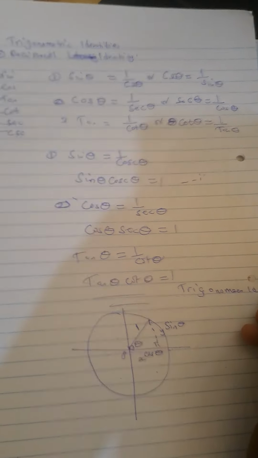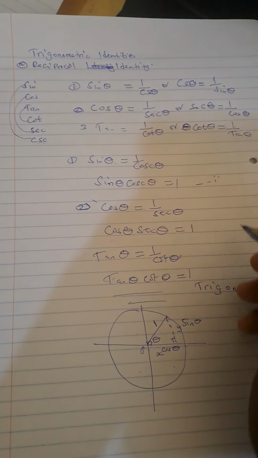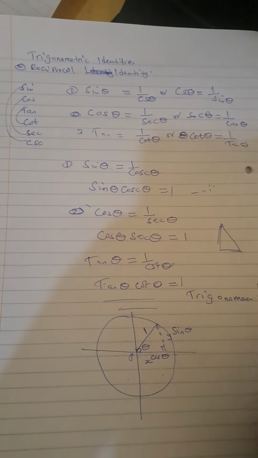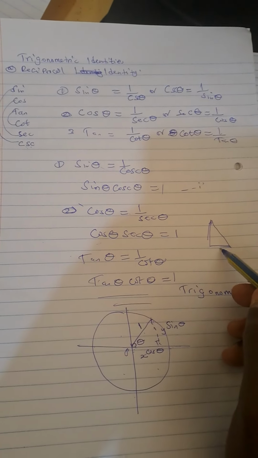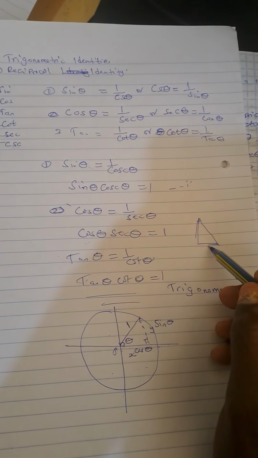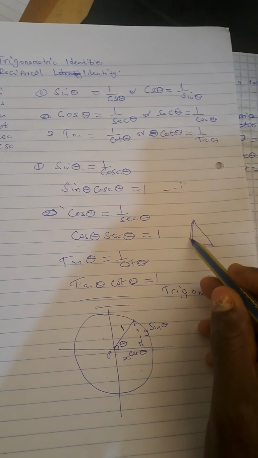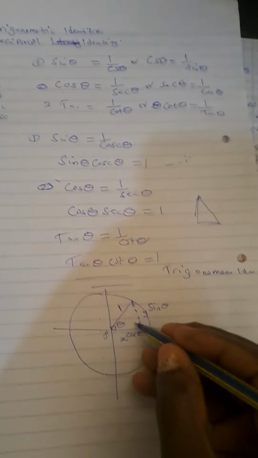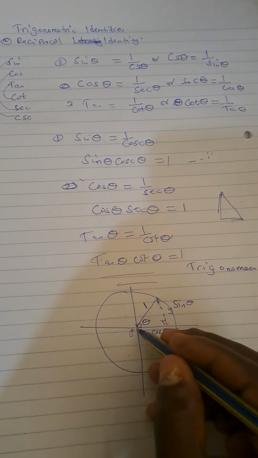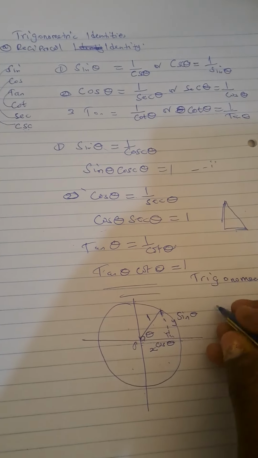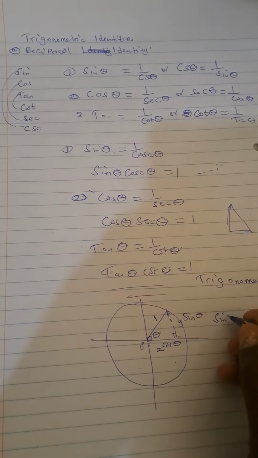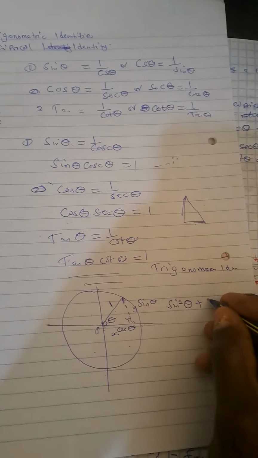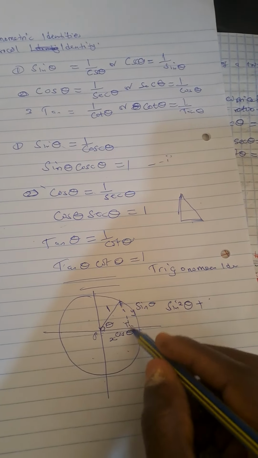Trigonometric identities. That says that if we use the Pythagoras theorem, the base squared plus height squared is equivalent to the hypotenuse squared. So here, this one is our height, this one is our base, then this is the hypotenuse, which will give us sine squared theta plus cos squared theta.